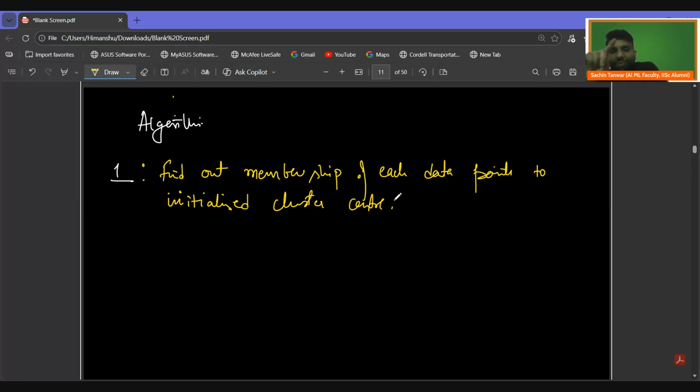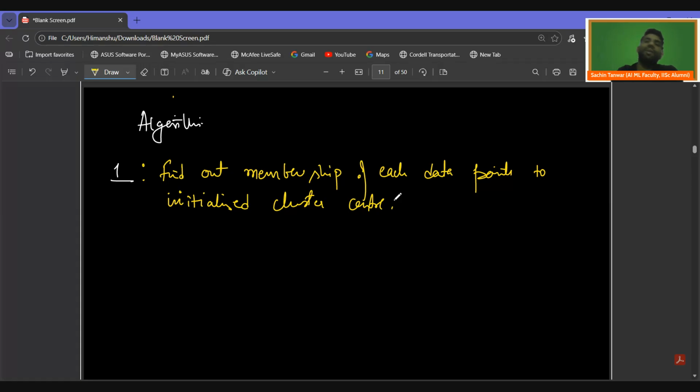The first initialized cluster center is the center for cluster 1. The second initialized cluster center is the center for the second cluster. Now I would like to calculate the distance from all the training data points to these cluster centers.